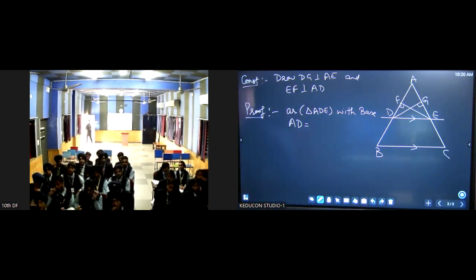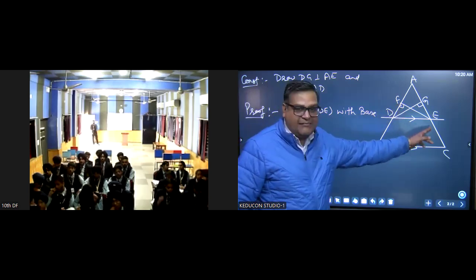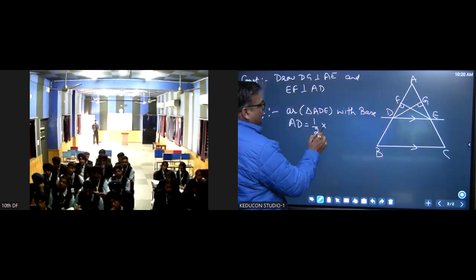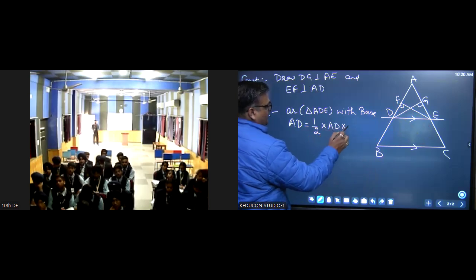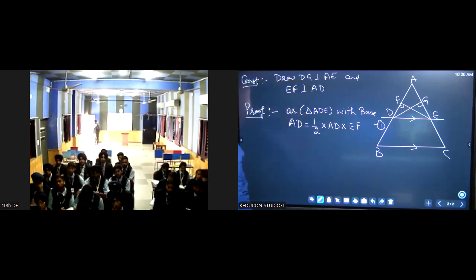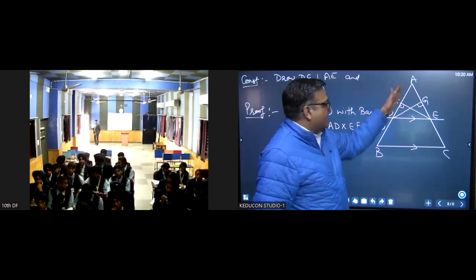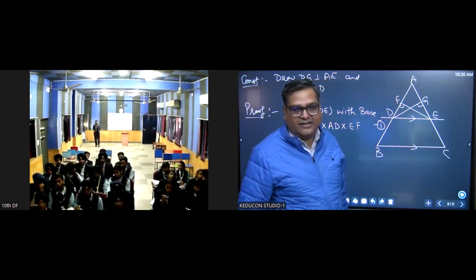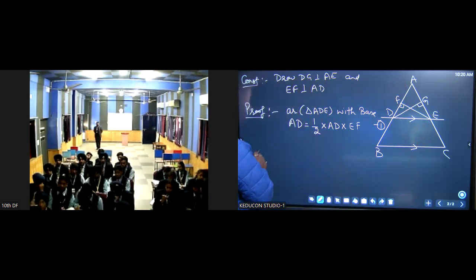Right? AD is base. And what will be the height? FE. Right? So area will be half into base into height. Is this step clear? This is equation 1. Area of triangle ADE with base AD, where FE is the perpendicular, that is height.